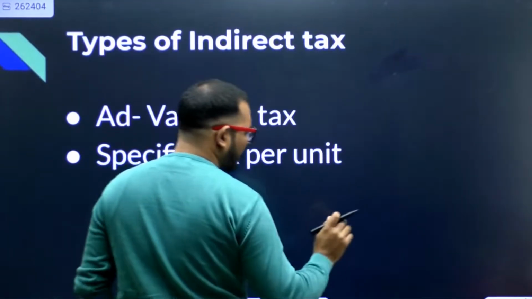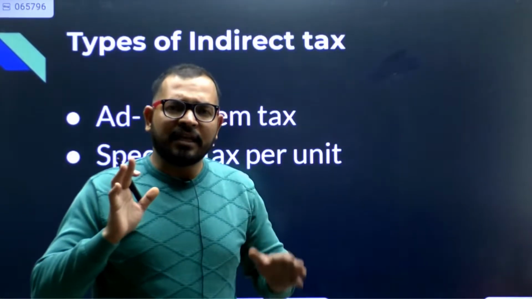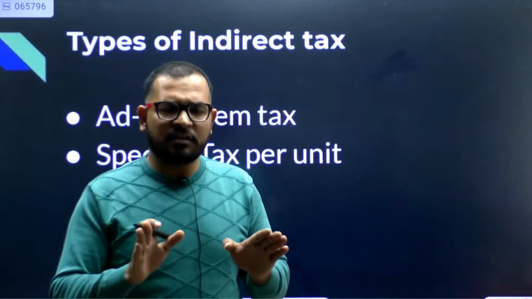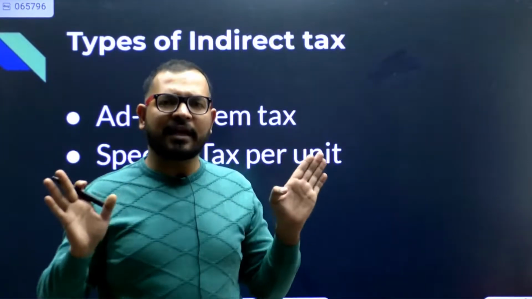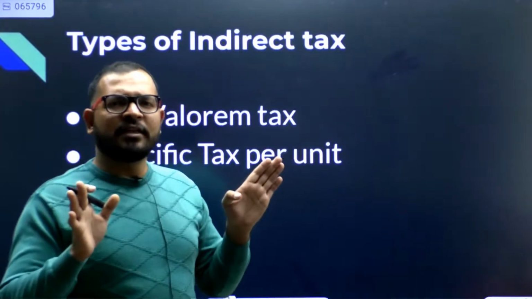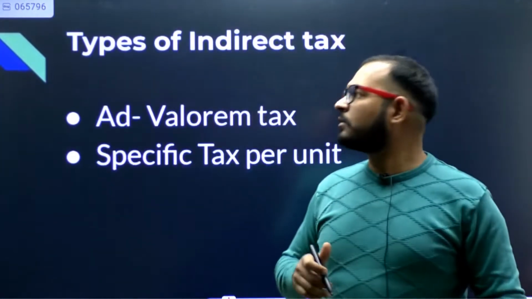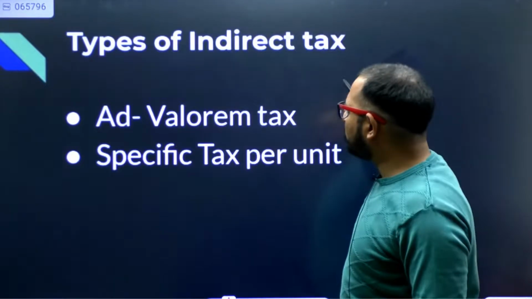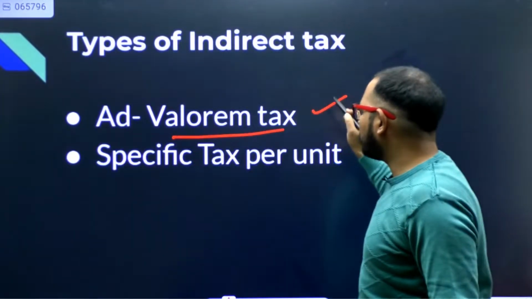So now, as we know, GST is a type of indirect tax. Now let's understand the types of indirect tax. Basically there are two types of indirect tax. One is ad valorem tax.